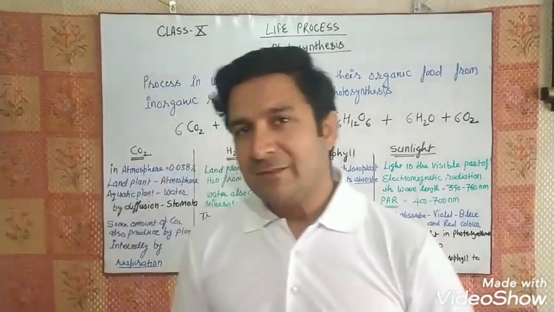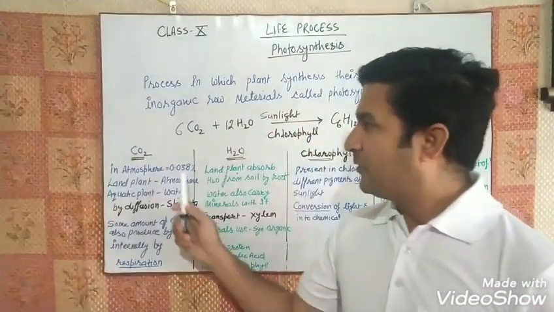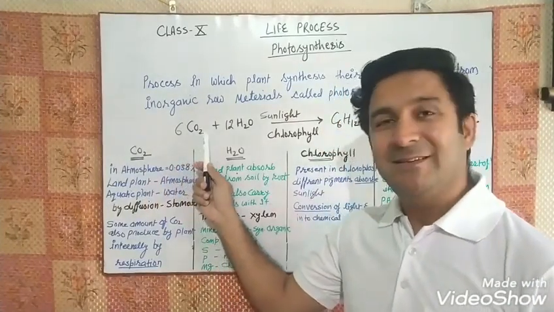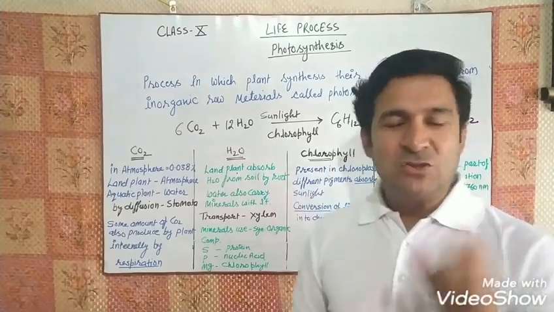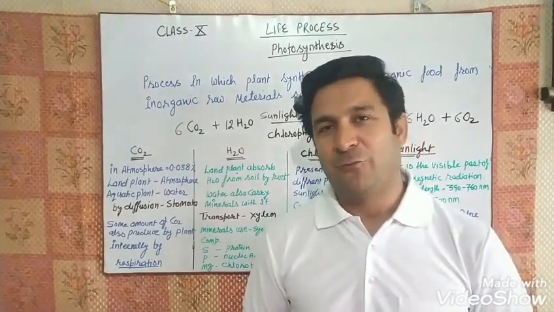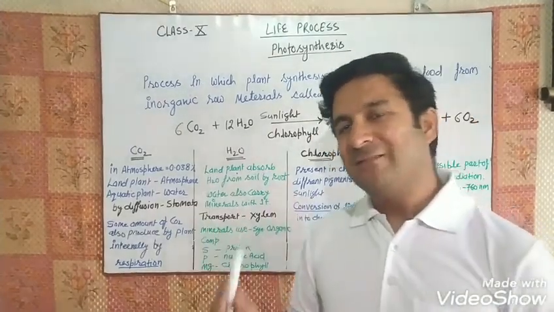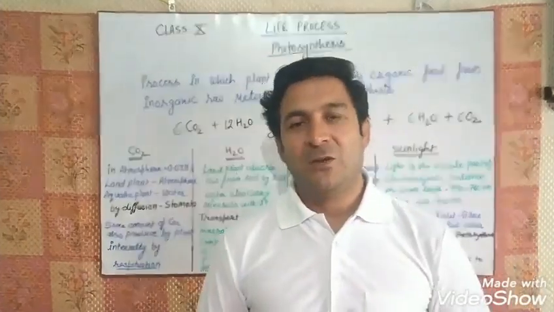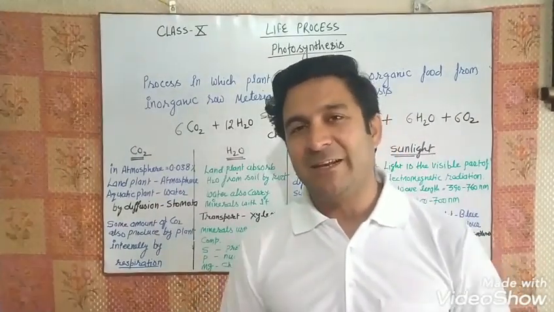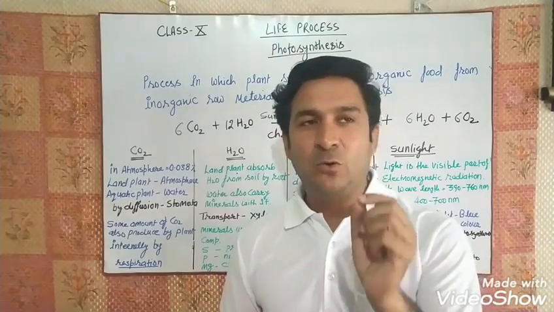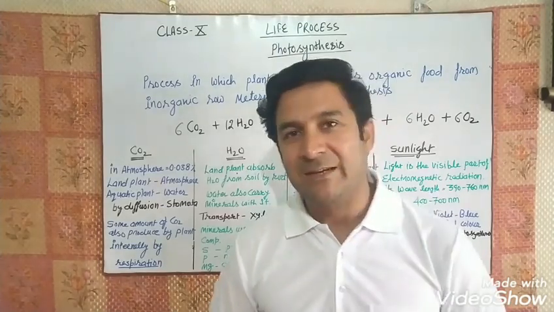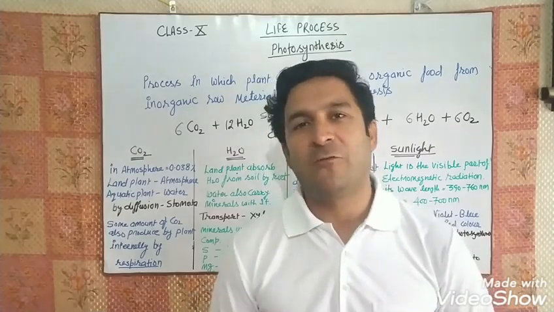So let's come here. The first raw material is carbon dioxide and the second is water. These two things are very important for photosynthesis. First of all, we will discuss carbon dioxide. You know very well, carbon dioxide is present in the atmosphere, about 0.03% of the overall volume of air.